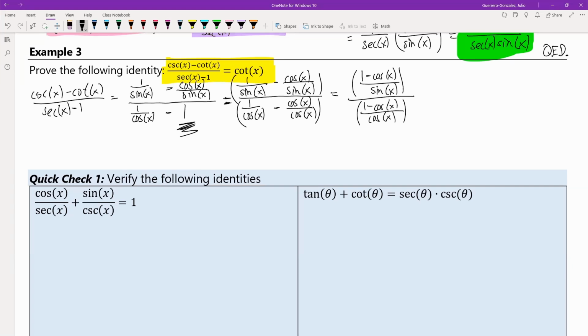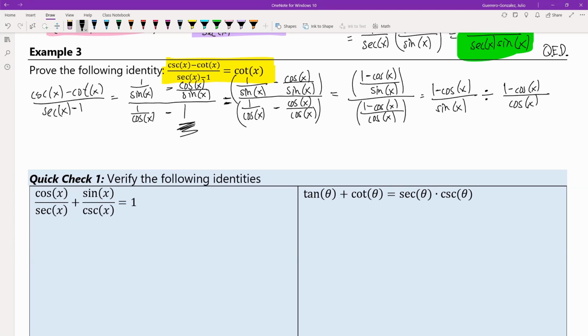Back in the day, we rewrote it as 1 minus cosine of x over sine of x divided by 1 minus cosine of x over cosine of x.